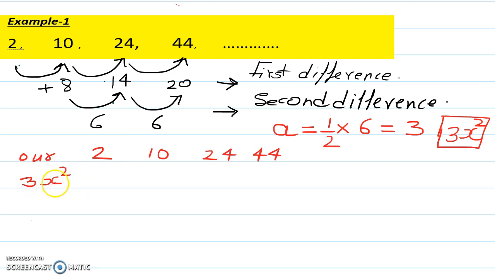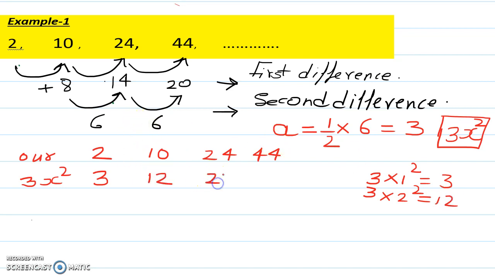If x is 1, 3 times 1 squared is 3. Similarly, 3 times 2 squared: 2 squared is 4, and 4 times 3 is 12. So we write 3, 12, then 27 and 48.